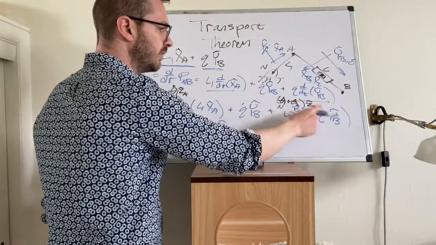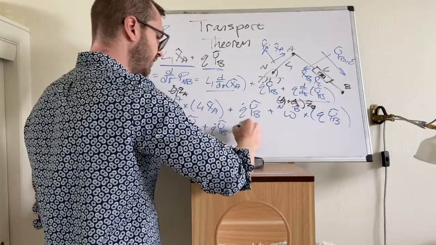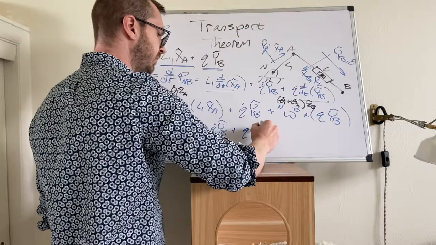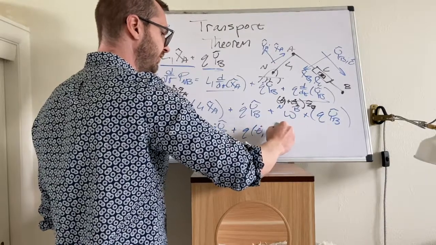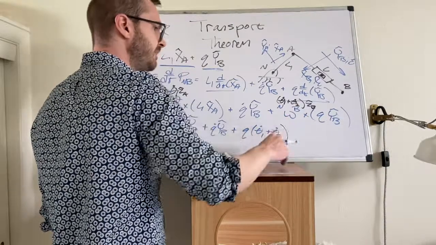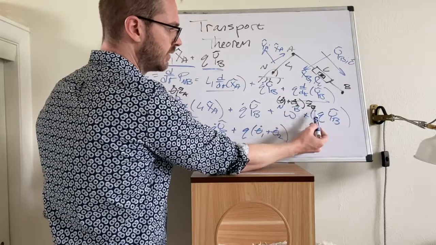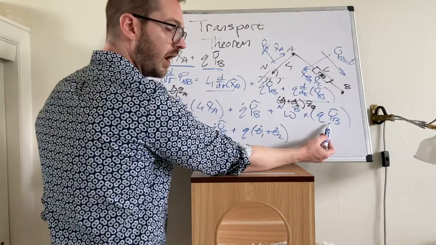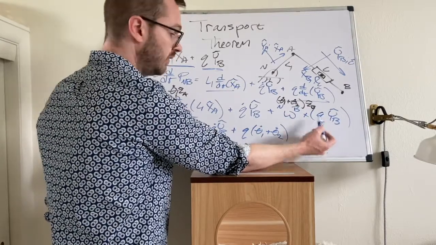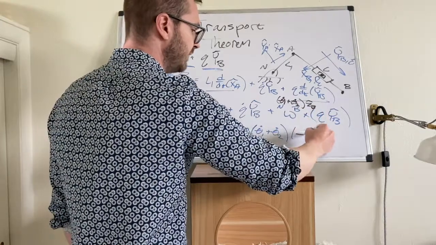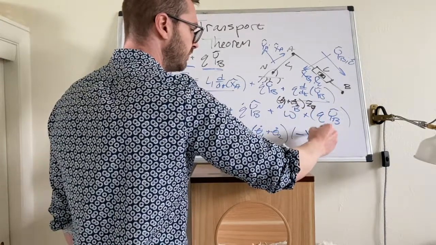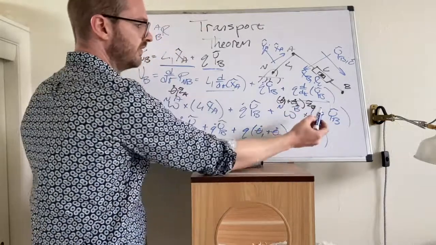And we're going to multiply that by the scalar. So I'm going to say Q multiplied by theta 1 dot plus theta 2 dot. This time it's Z cross Y. Z cross Y is negative X. And this is B frame now.